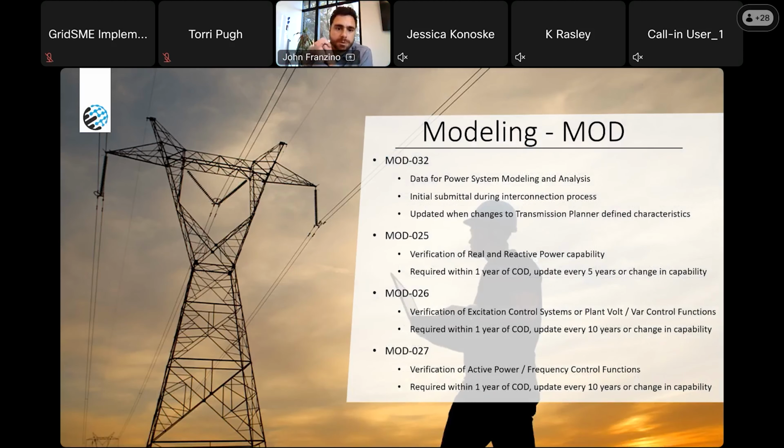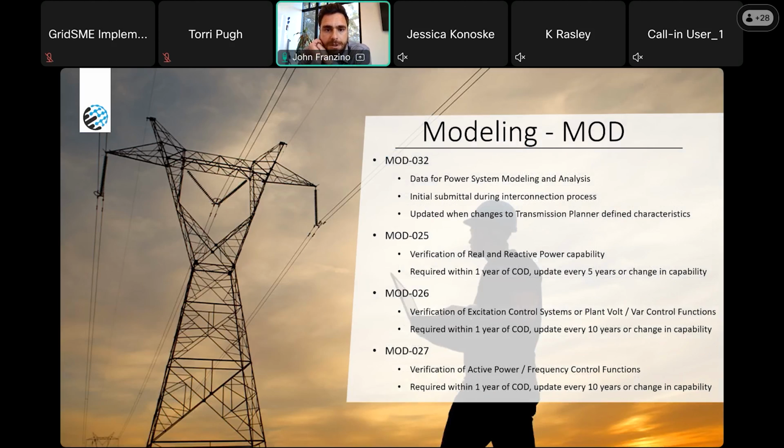Moving on to modeling, another hot button one in terms of why the push to really get more IBRs registered. And again, we touched on that earlier, and Kaylee and Ben will do a deeper dive later this afternoon. But one of the risks and issues identified with IBRs, and really a lot of generation in general, is that maybe our models aren't accurate enough.